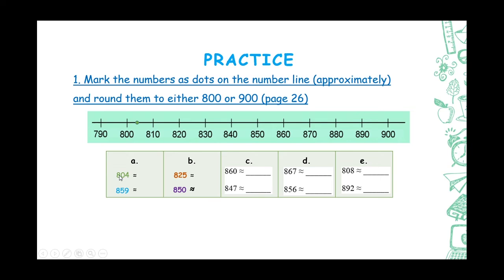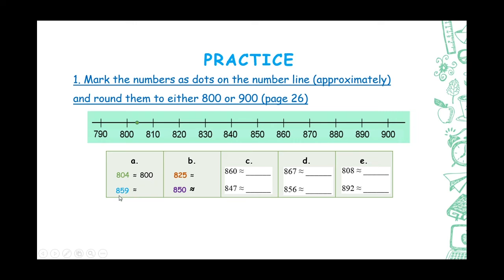Just here. Well done. 800, just 4 ones right here. Next we round to either 800 or 900. So do we round 804 to 800 or 900? Which one is it closer to? That's right, 800, well done.